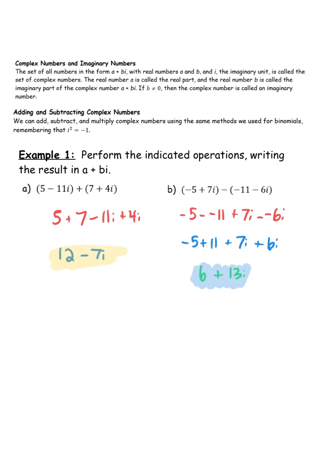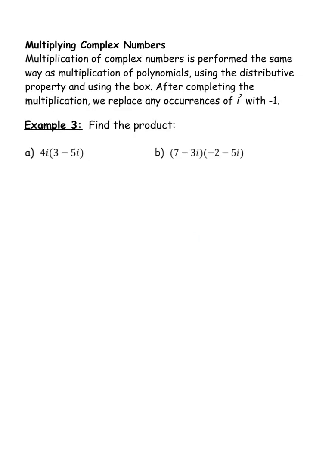So as you can see, all we did was literally combine like terms. It didn't matter that it was an i, it could have been an x, it would have been the same situation.